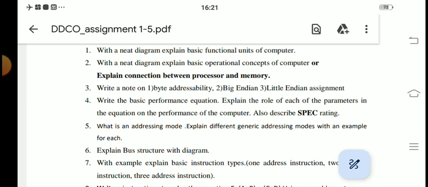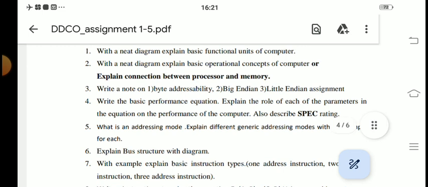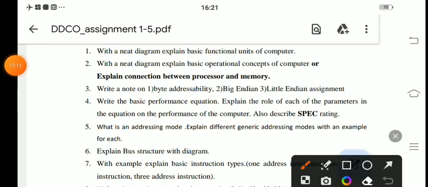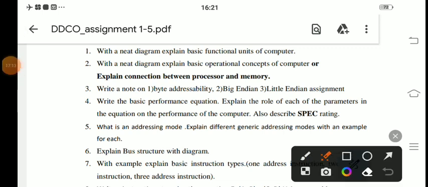That you have to explain, and with a neat diagram explain the basic operational concepts. Operational concepts meaning how the processor is going to access the memory, how the processor is going to communicate with the memory. That is MAR, MDR, PC, IR, general purpose registers, all those things.